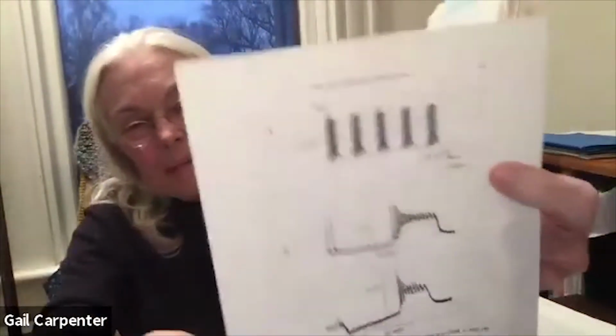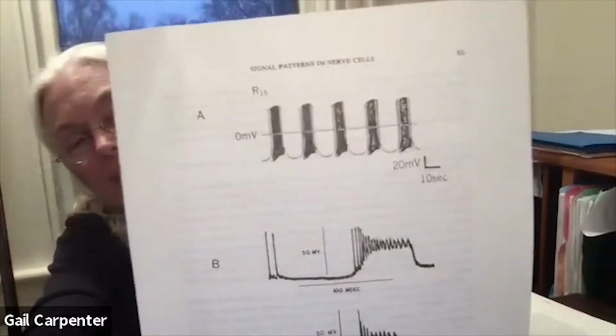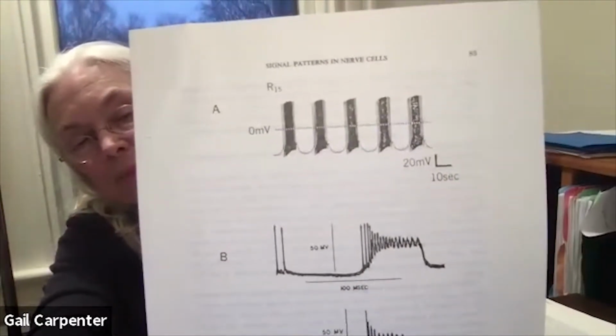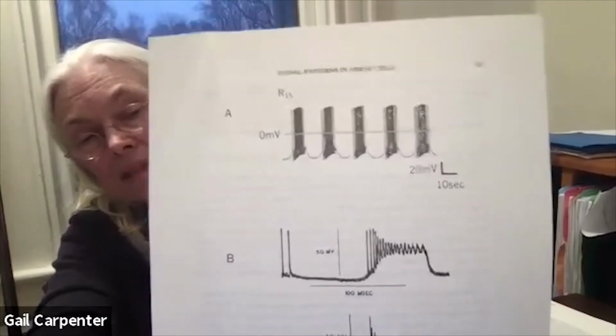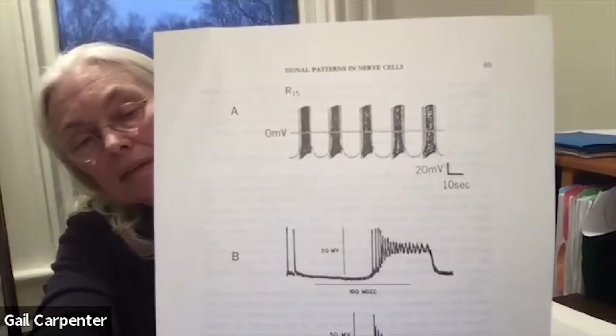And here was another data set where I gave them names. Up here at the top, this was in a different organism, in Aplysia, and the top spike pattern, these are data, these aren't from my simulations, is called parabolic.